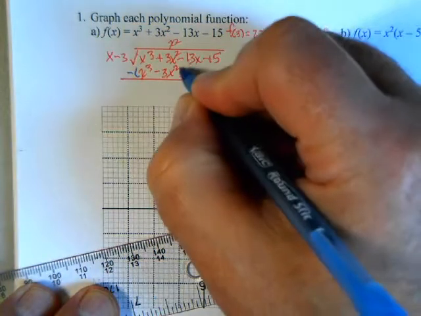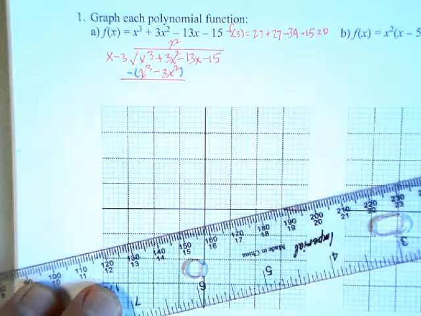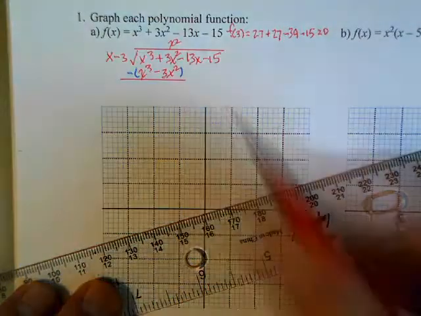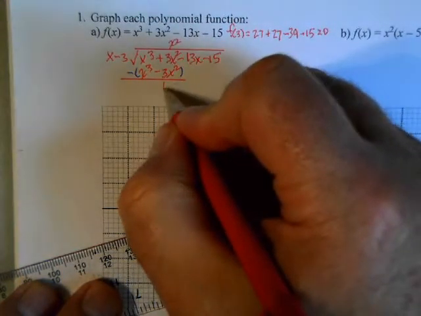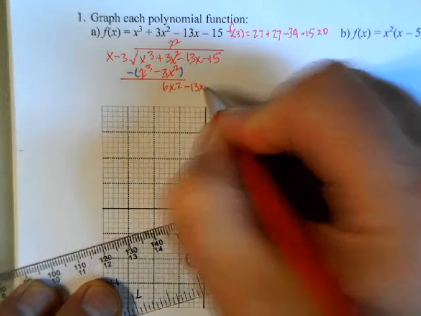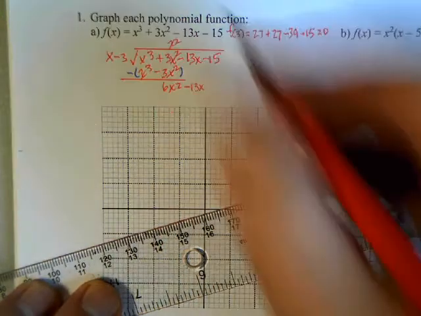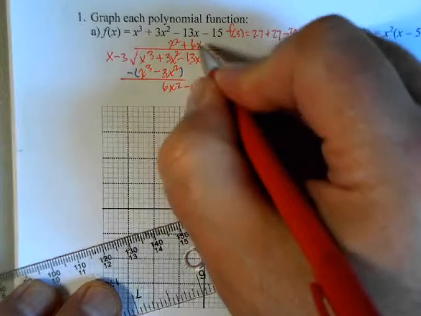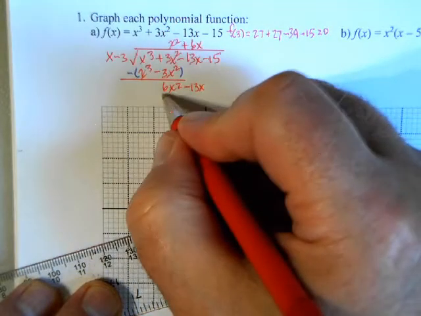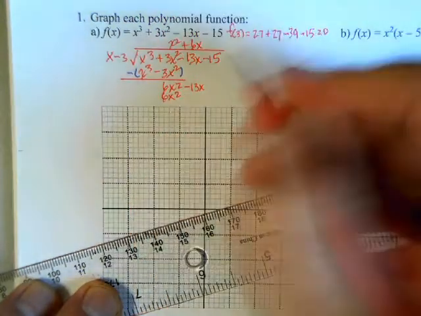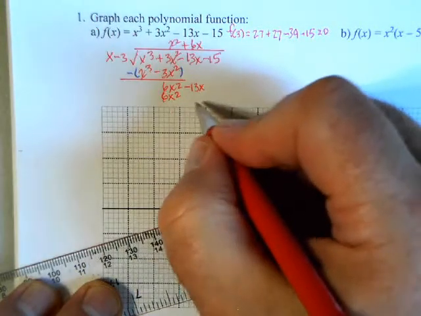So the x cubes are gone, and I have 3 subtract a negative, so that becomes 6x squared. Subtract 13x. So my next part will be plus 6x. 6x times x gives me the 6x squared. And then 6 times the 3, that will be negative 18x.